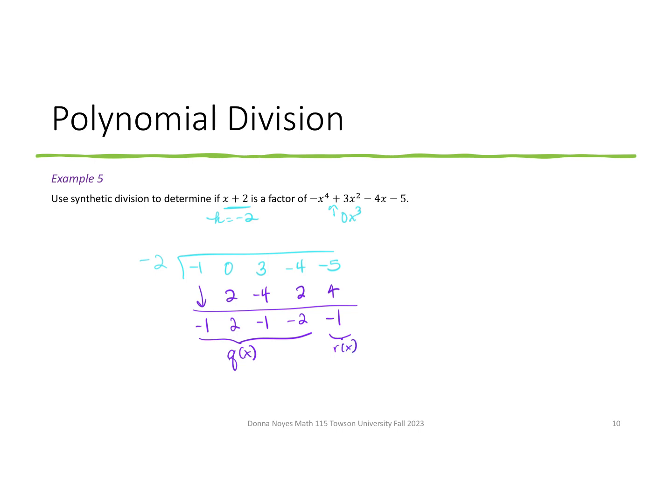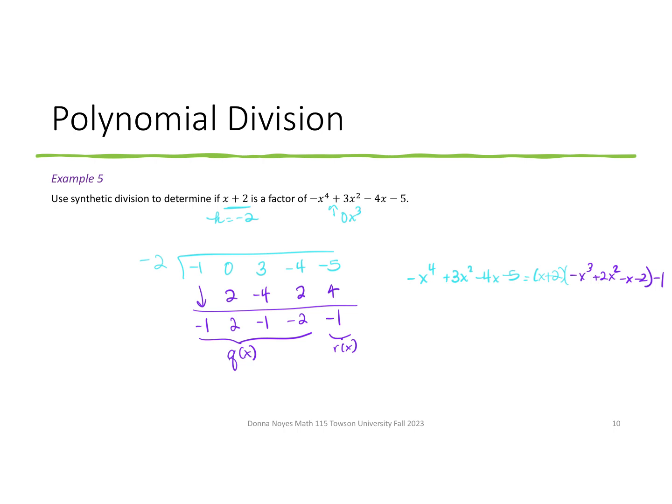So if we wanted to write out our factorization here, we would say that negative x to the fourth plus 3x squared minus 4x minus 5 can be written as, remember we drop our degree by 1, it would be our x plus 2 times, and these guys end up being negative x cubed plus 2x squared minus x minus 2, and our remainder is minus 1.